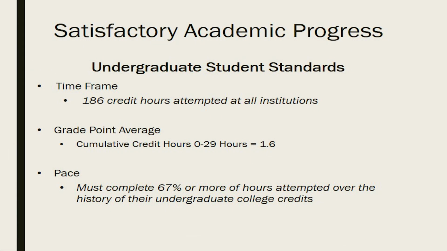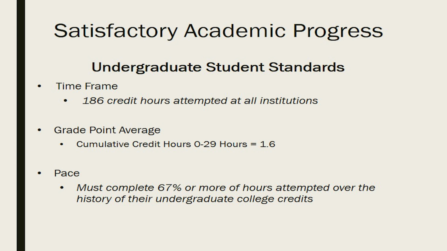So time frame: they have to complete their degree within 150% of the time that it takes to normally receive a degree. Now, I know that makes absolutely no sense, but if it takes 120 credits to get a degree, then you would have to complete the degree within 180.